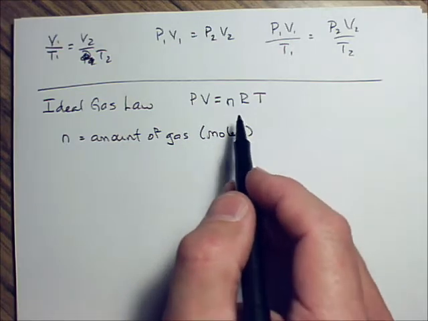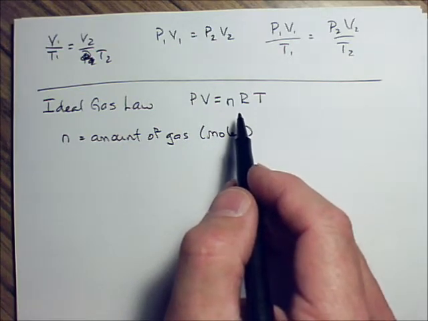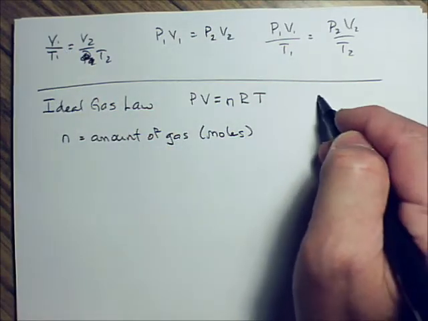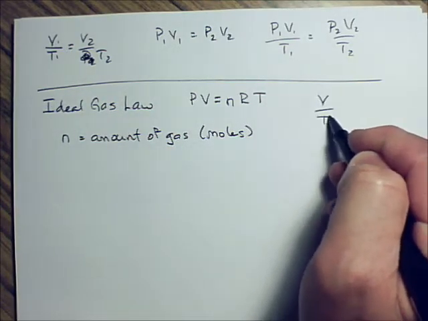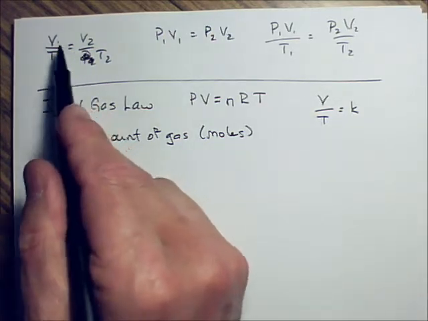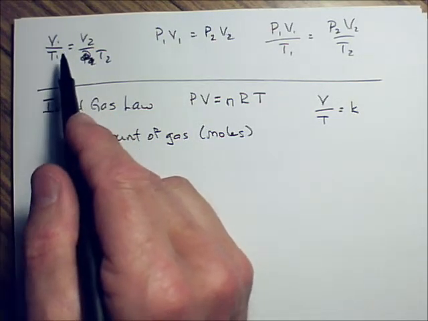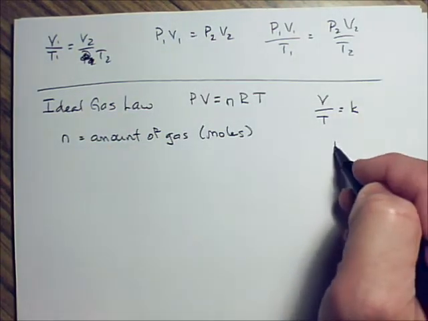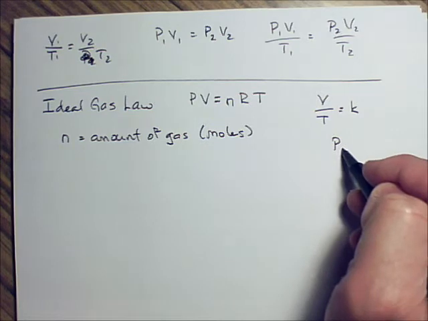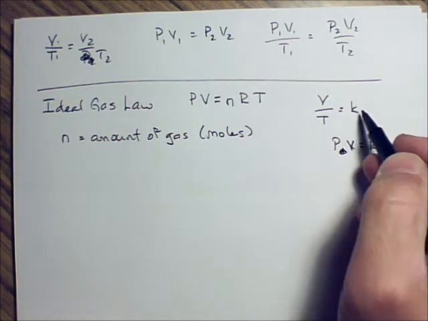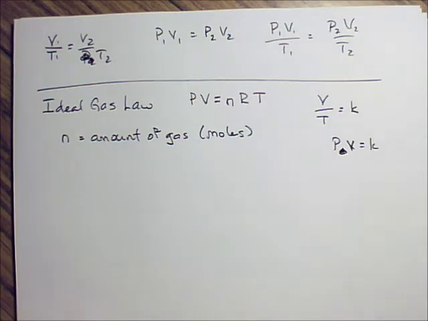R is a special kind of gas constant. Remember we said when we're looking at Charles' law, V over T is equal to some constant, and from that we derived this equation to do our math problems. And for Boyle's law, P times V equals some K. And the K's over here are some constant.